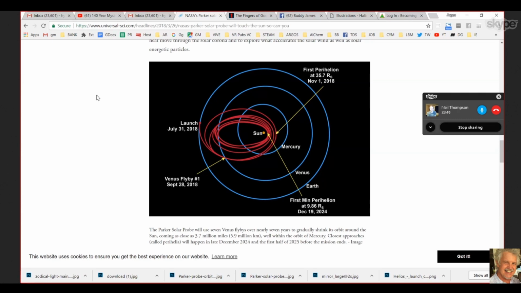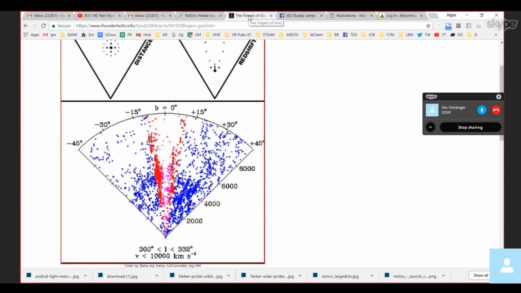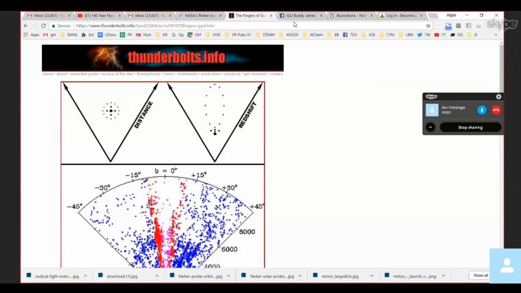Would you agree, Neil? Can I make a point about that? The Arp. Yeah, absolutely. Halton Arp was definitely the guy that did the most for observational evidence that the redshift-distance relation couldn't be right.